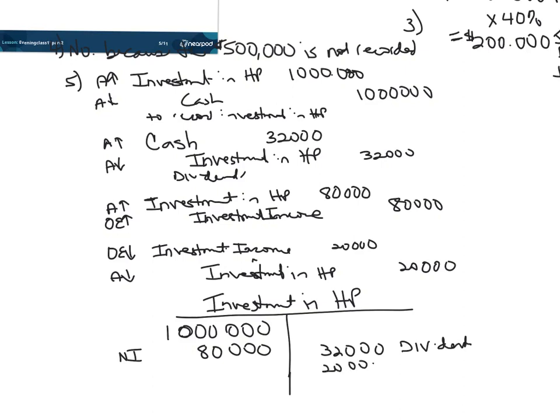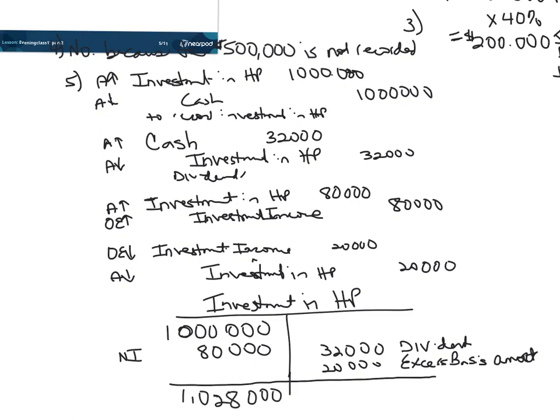And we also made it smaller by that patent amortization, which I'm going to call excess basis amortization. Now it would be amortization in our case because it was an intangible asset. If it had been a tangible asset that was overvalued, I would call this depreciation. All right, so that I end up here with $1,028,000 in value.